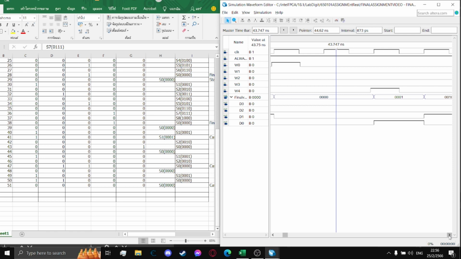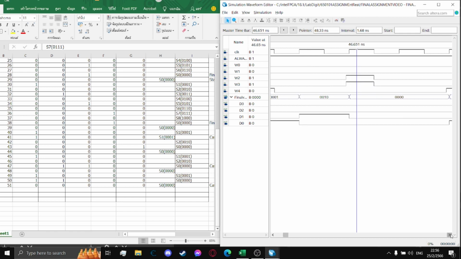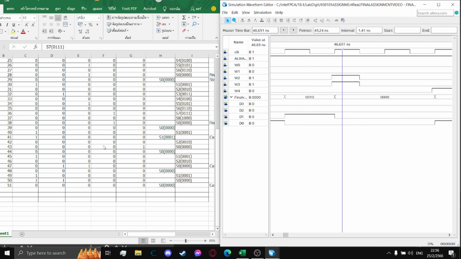45, press the button, press 0, then go to next state. And this is not pressed, then they will go to next state immediately. Then if you press 2 button, they will reset to 0 immediately.